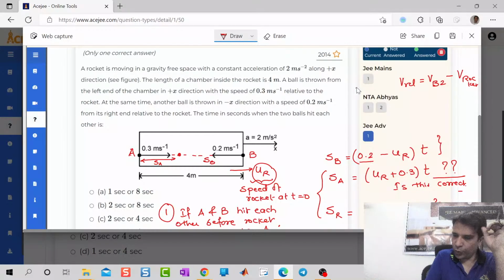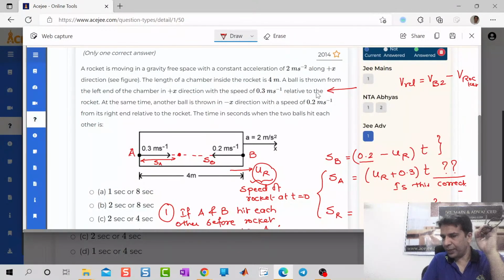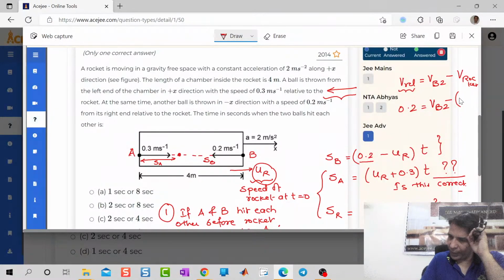Let's say you're assuming the left direction as positive, correct? So you will say the V relative, which is 0.2 towards the left, equals VB2 minus, now the rocket's speed is UR towards the right, so in this new coordinate system it will be minus UR. So VB2 is 0.2 minus UR.